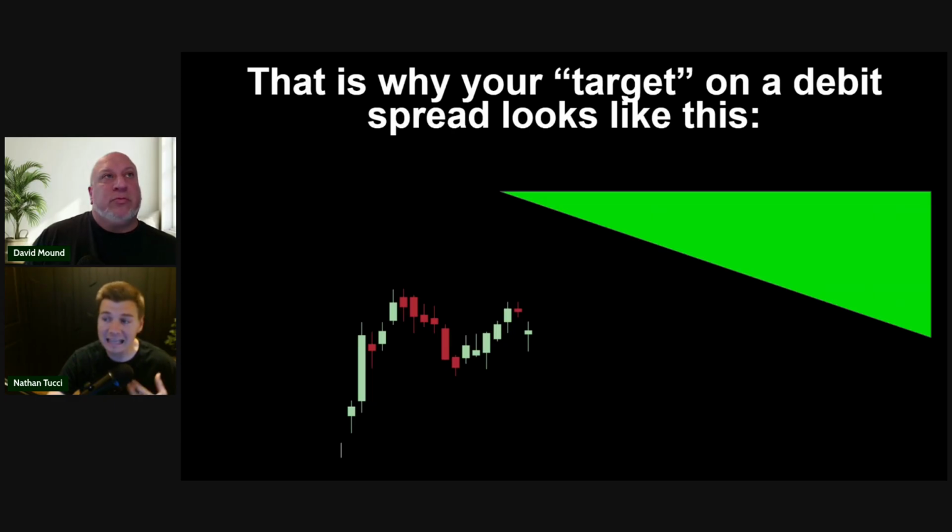So that is why your target on a debit spread looks like this. Okay? Even if your target doesn't move, which it won't, your target might be 80 cents. But that 80-cent target relative to price is going to look something like this. It's just like the football analogy, right?